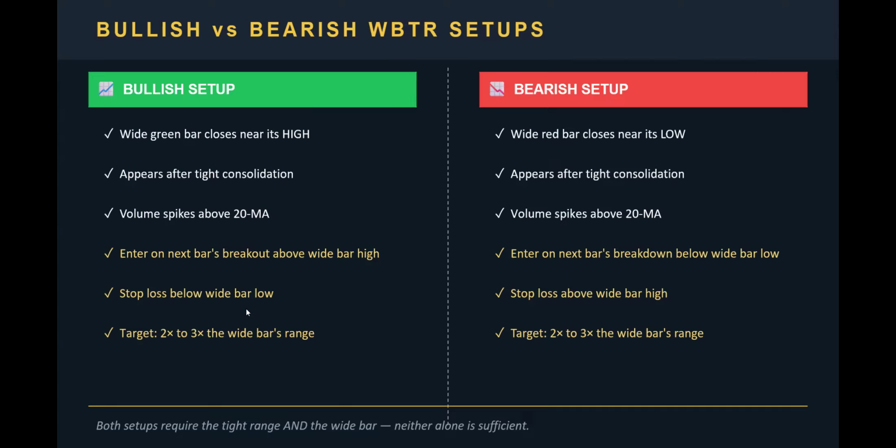Stop loss below the wide bar low. In the bearish setup, you have to keep the stop loss above the wide bar high. Target is 2 to 3x of the wide bar range. You can measure the wide bar range, 2 times measured move, or 3 times you can anticipate. So the condition is, both setups require the tight range and the wide bar; neither alone is sufficient.